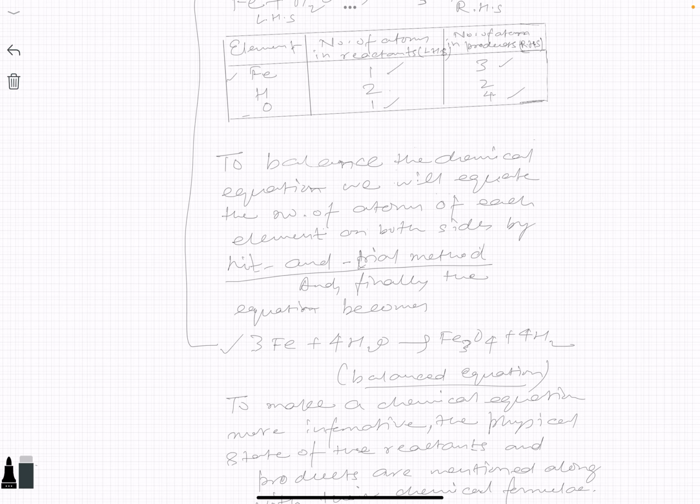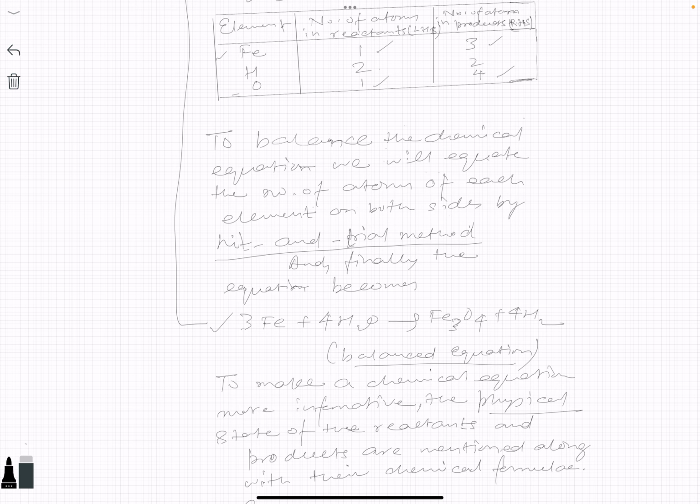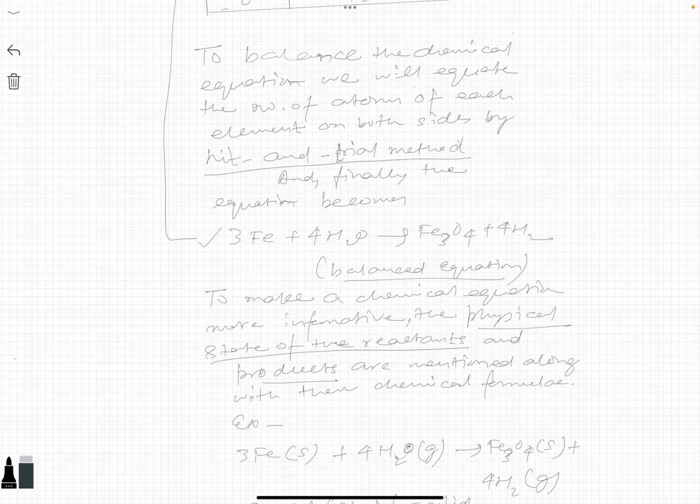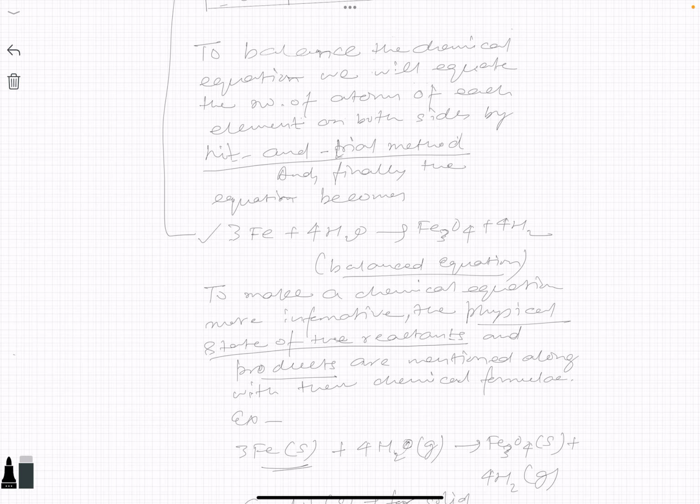To make a chemical equation more informative, the physical states of the reactants and the products are mentioned along with their chemical formulas. For example, here iron is in solid state, so we write Fe in bracket s.